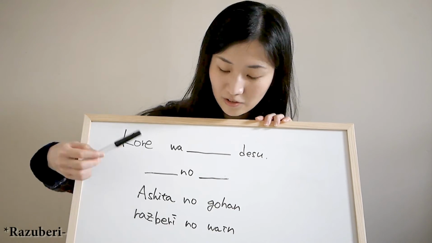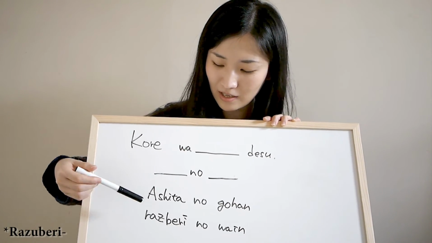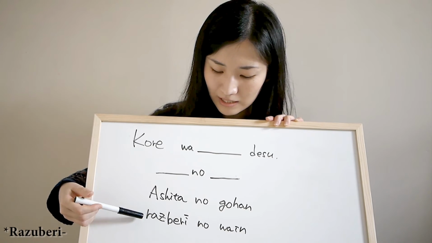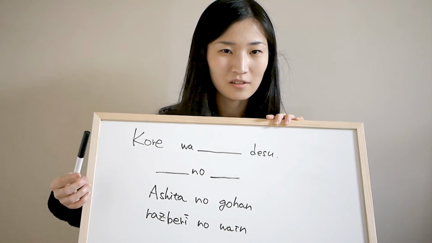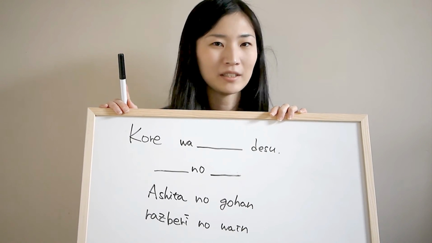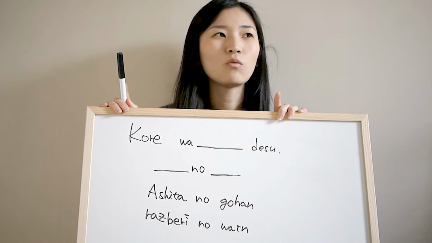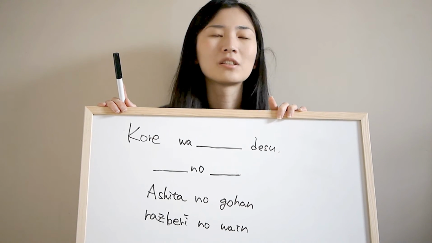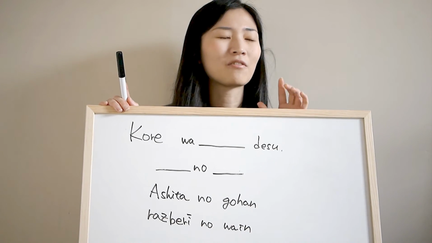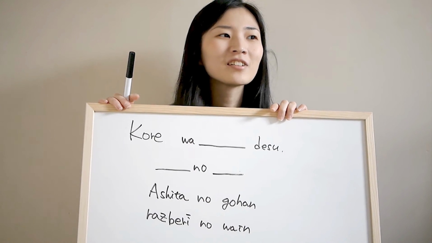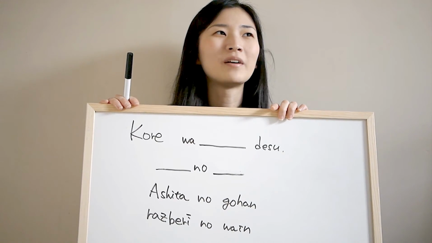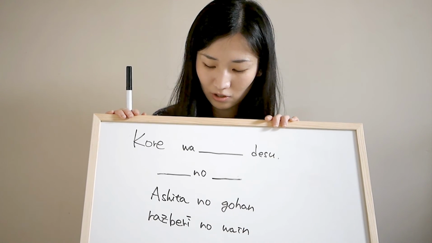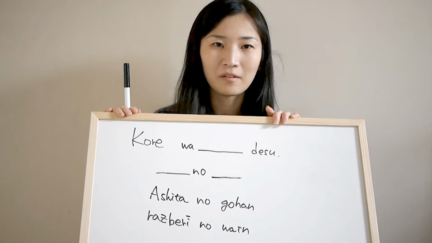This one, I will try to say, so guess. これはラズベリーのワインです。It means wine of raspberry, because yesterday I had raspberry flavored wine, which was so nice, so it's raspberry no wine.